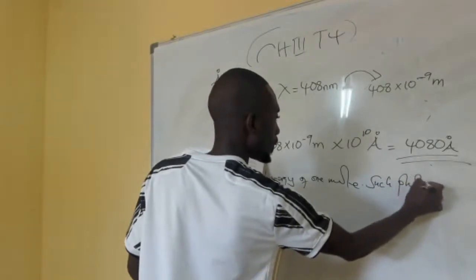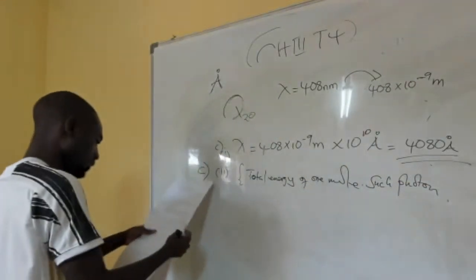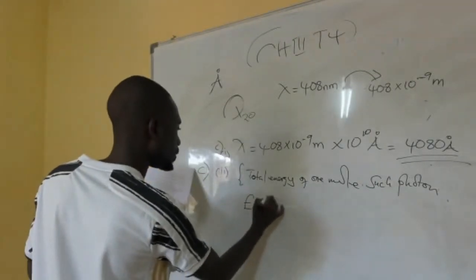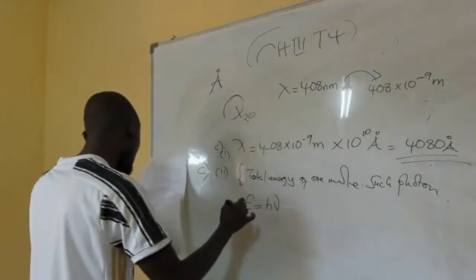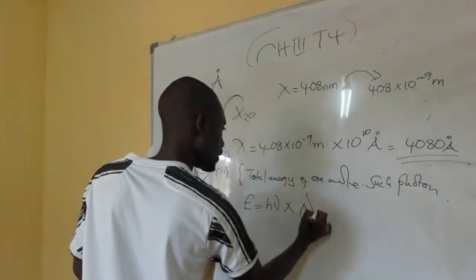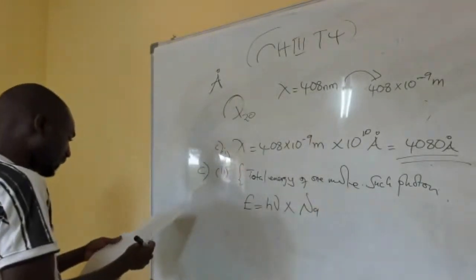photon. So what we are going to say, E is equal to h, Planck's constant, times Na, the one that we had found earlier.